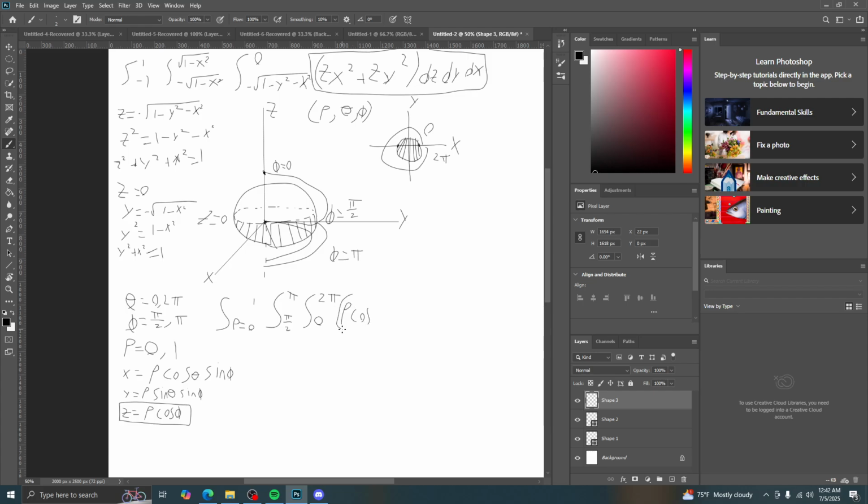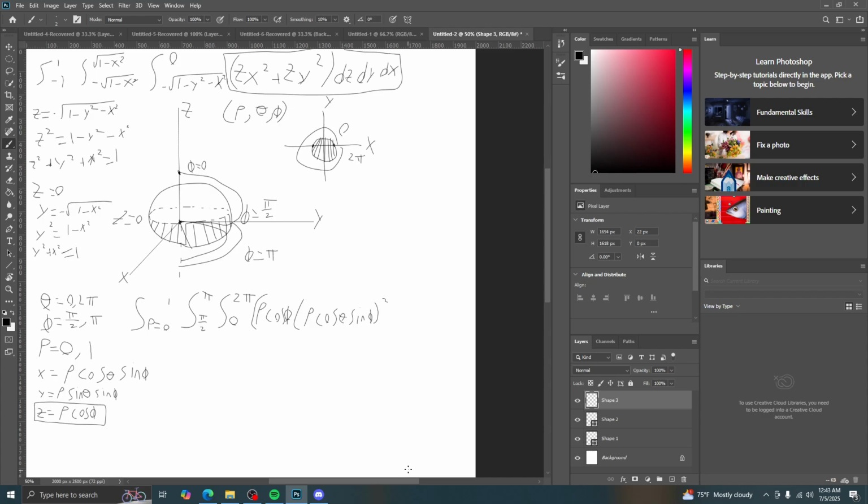So we have z, so rho cosine phi times x squared, which is just going to be rho cosine theta sine phi, squared, and then plus, I actually need to write smaller so that I can fit this, z times rho cosine phi times rho, and then the y squared is just going to be rho sine theta sine phi, squared.